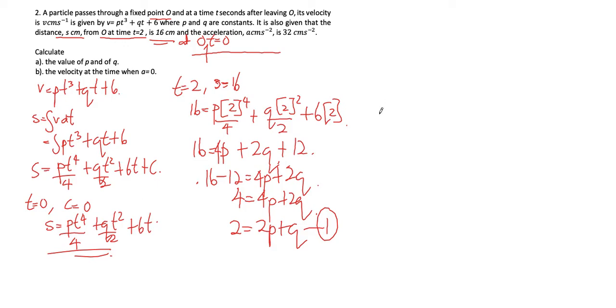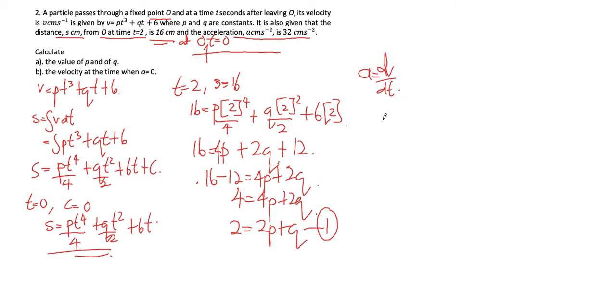Now we have the first equation. Are there any other information that we have? The question says acceleration is 32 cm per second squared. To find acceleration, we have to differentiate v, dv over dt, we get a.